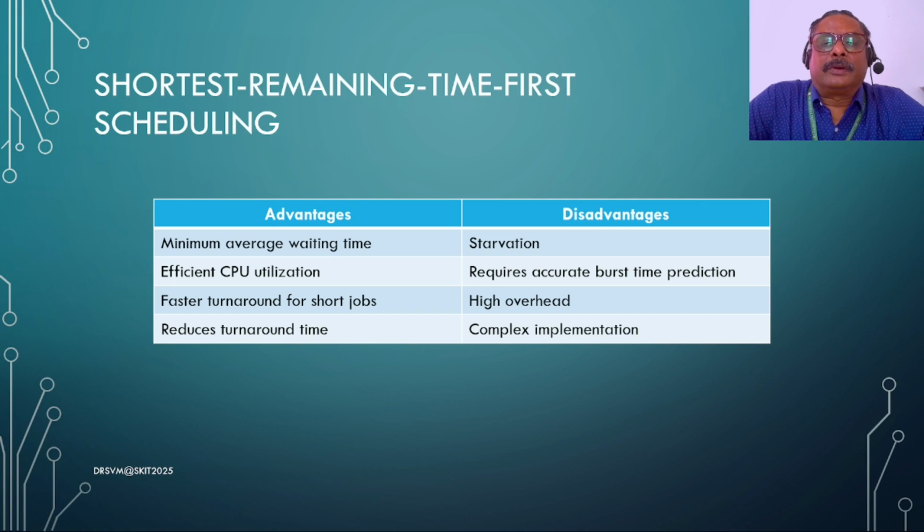So the sorting has to be done at a regular interval, or every time a new process comes in or old process goes out, then the whole scheduling has to be redone and all that, and because of this lot of overhead will be there in the shortest remaining time first type of scheduling, and it is quite high, quite a complex situation when it comes to implementation.